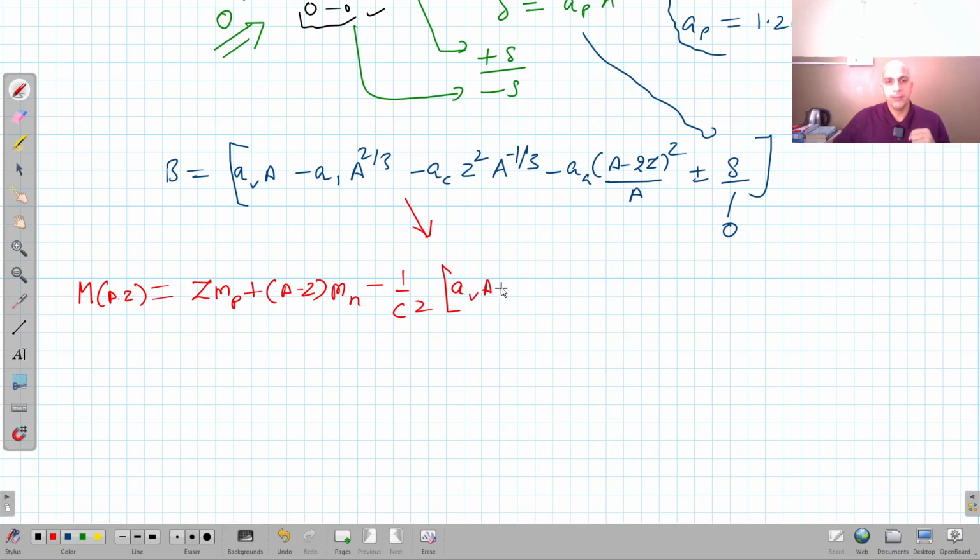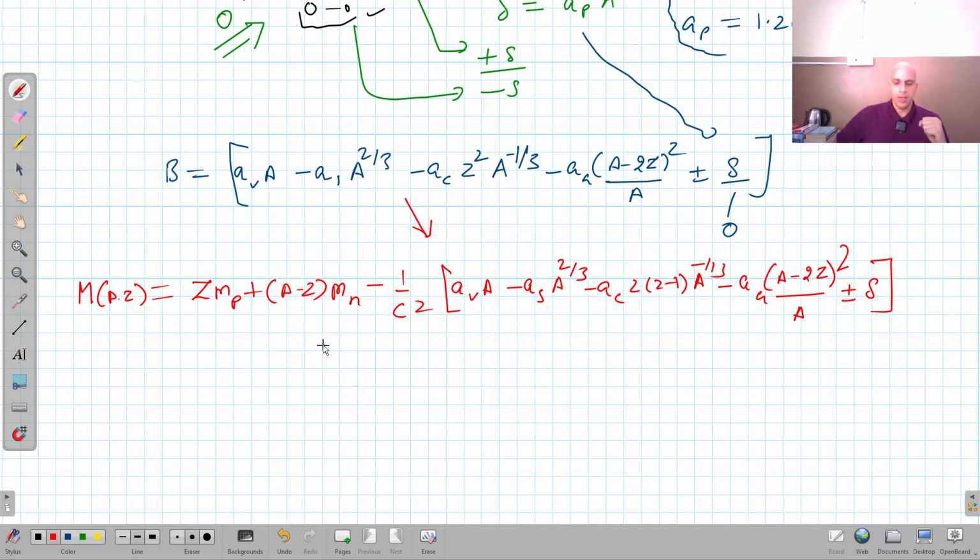a_V A, minus a_S A^(2/3), minus a_C, I am writing it as it was, Z into (Z − 1) into A^(-1/3), then the next term was minus a_sym, then I have (A − 2Z)² divided by A, plus or minus delta.